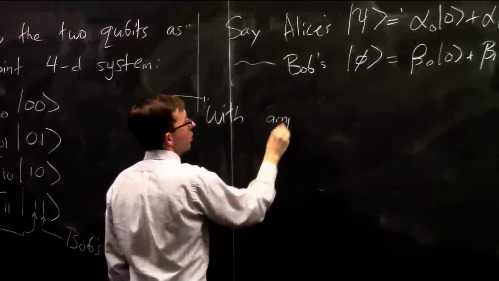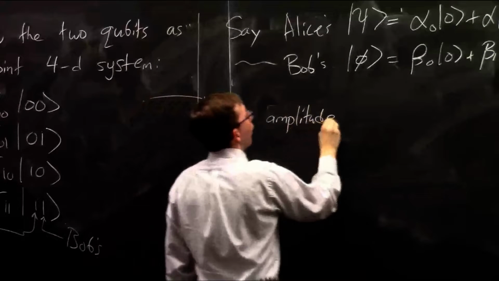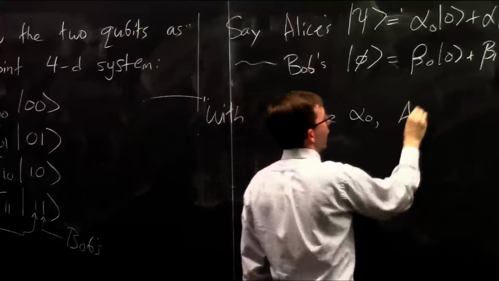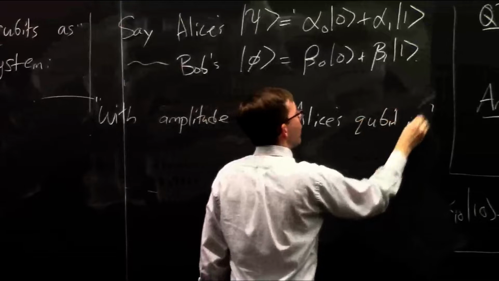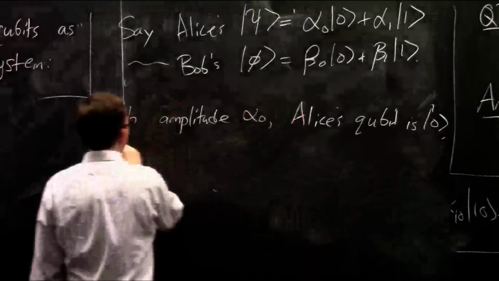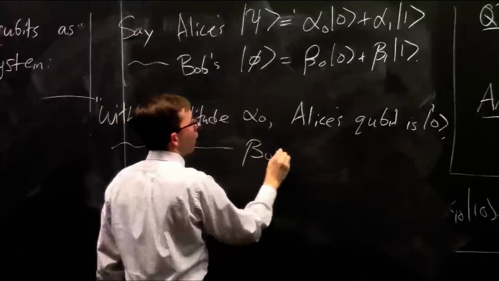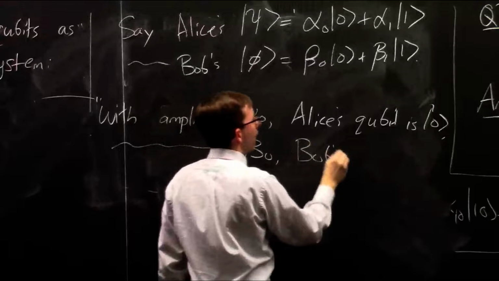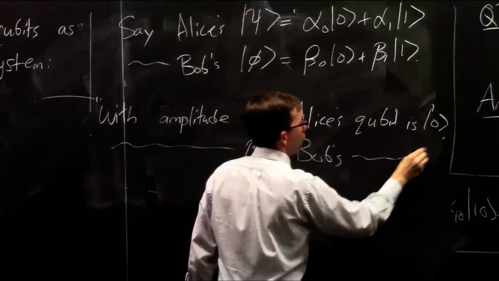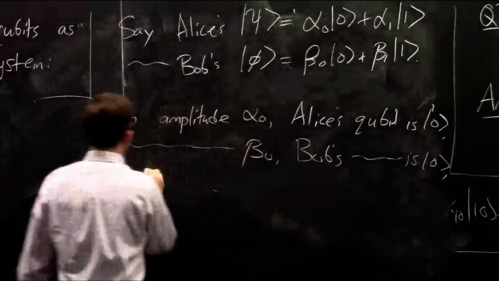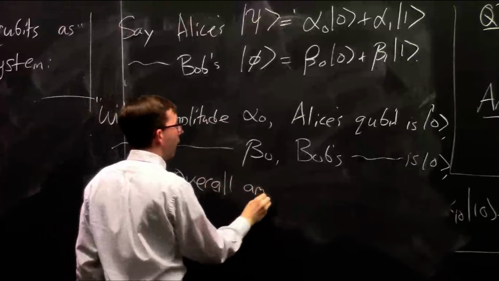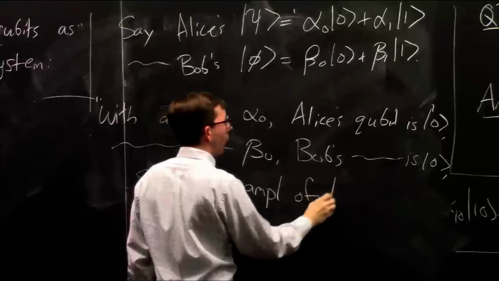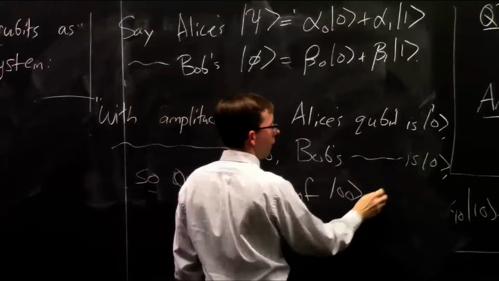With amplitude alpha 0, Alice's qubit is 0. And with amplitude beta 0, Bob's qubit is 0. So, overall amplitude of 0, 0 is the product of these.